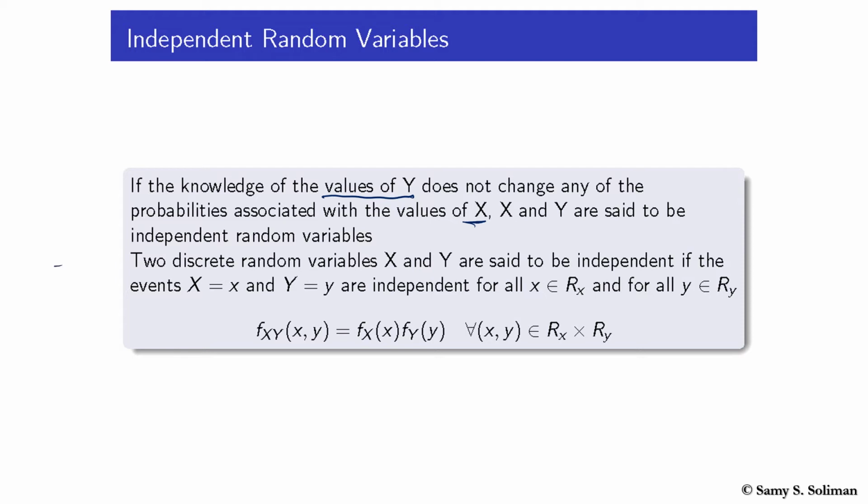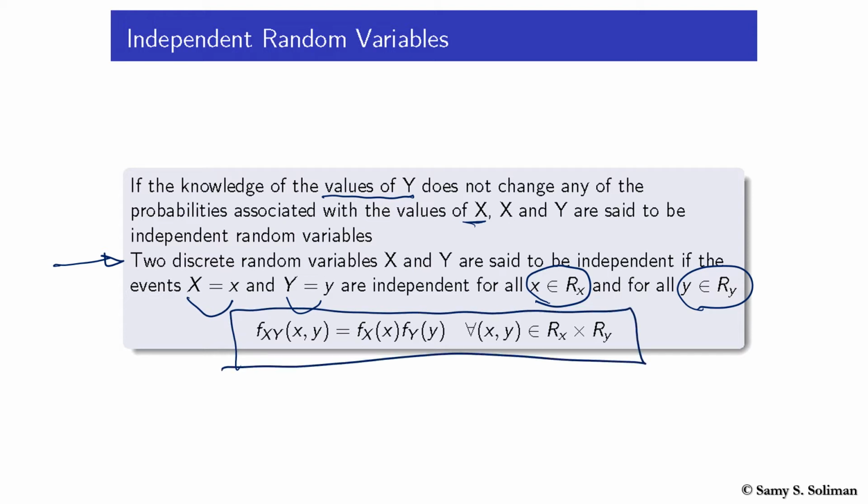So that's why we have here that two discrete random variables are said to be independent if the events X equals small x and Y equals small y are independent for all the values of x in the range of X and all the values of y in the range of Y. And in this case, we have this condition satisfied, that the joint distribution is equal to the multiplication of the marginal distributions.